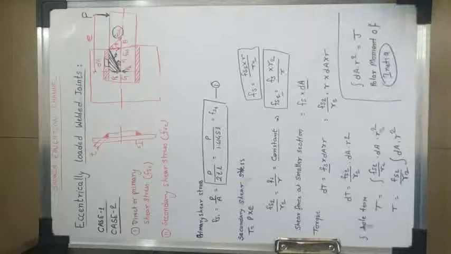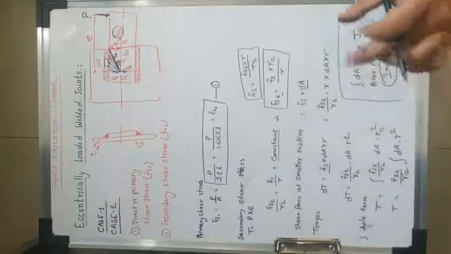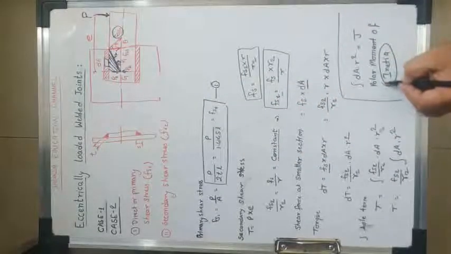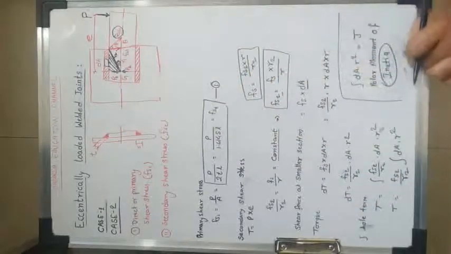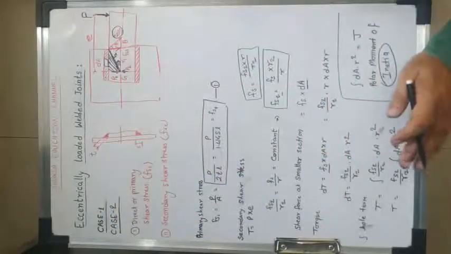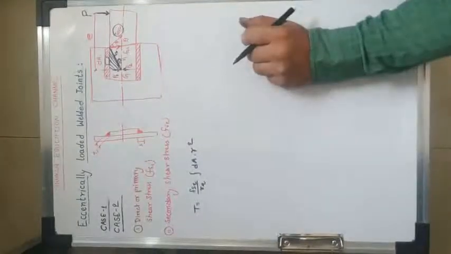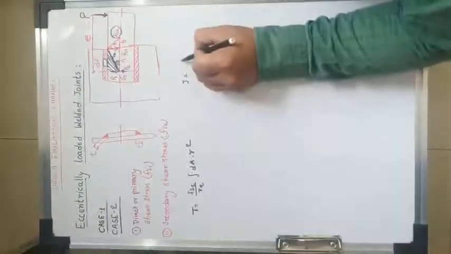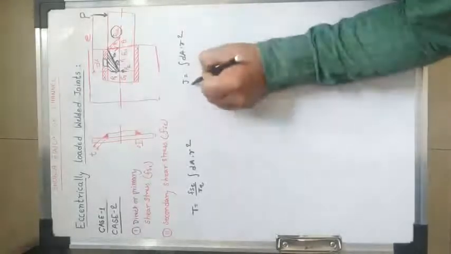So we have seen in the previous table, in which I have already shown polar moment of inertia and Z, sectional modulus. So I have shown both formulas. Polar moment of inertia is required for case 2 and sectional modulus was required in case 1. So J is equal to integration dA into R squares, polar moment of inertia.